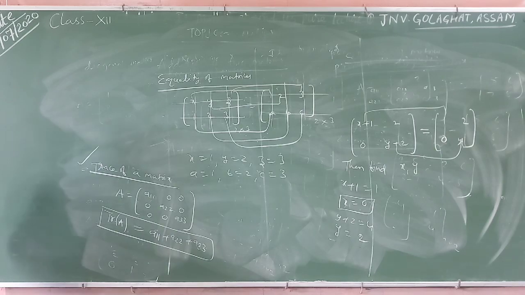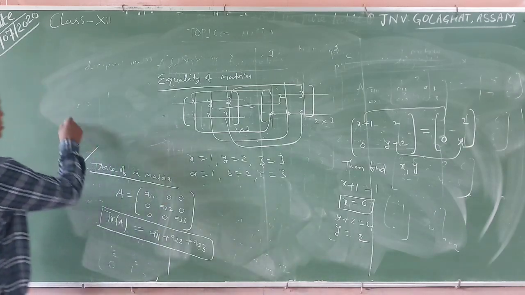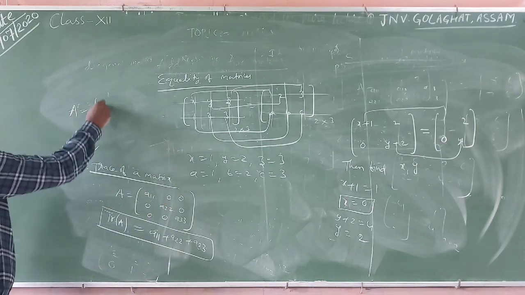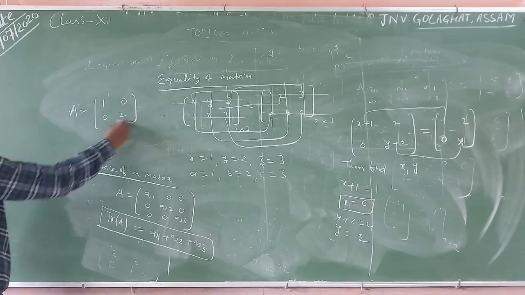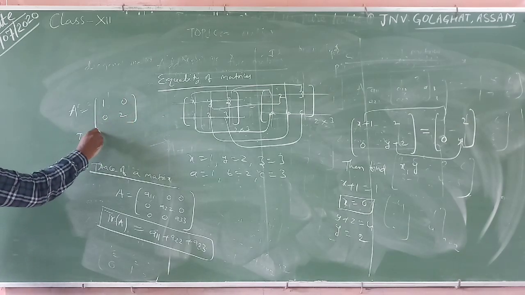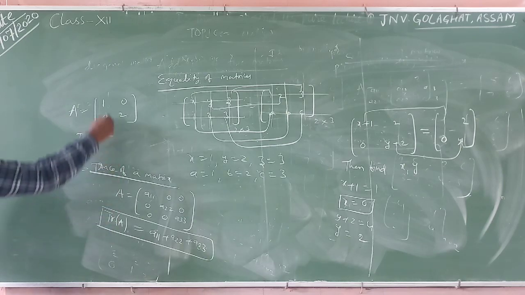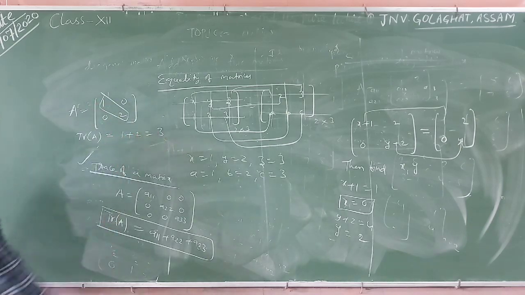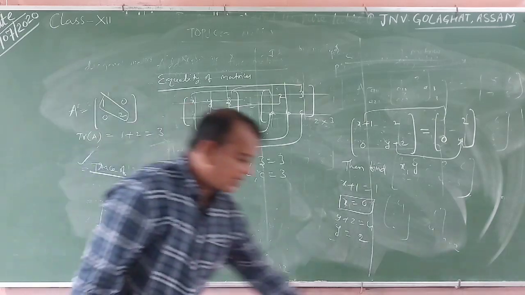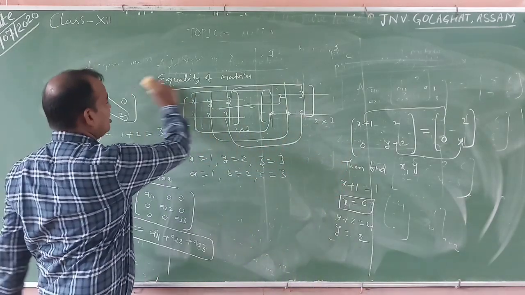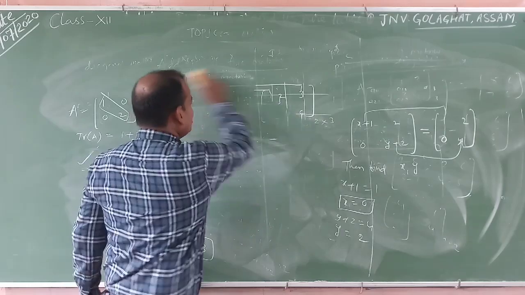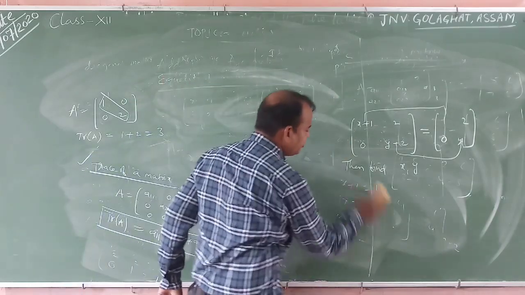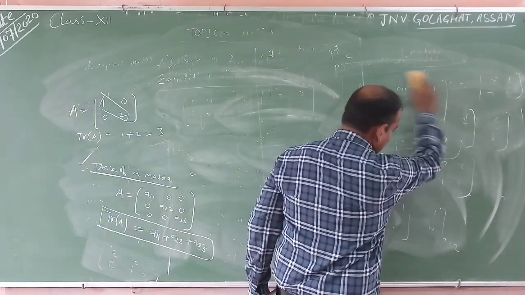Very important. Now what is the example? Suppose A is equal to 1 0 0 2. Find trace of A. The definition is the sum of the principal diagonal elements, 1 plus 2, that is equal to 3. Now we will take another example, find the trace of A. Any matrix we can take, not only a diagonal matrix.